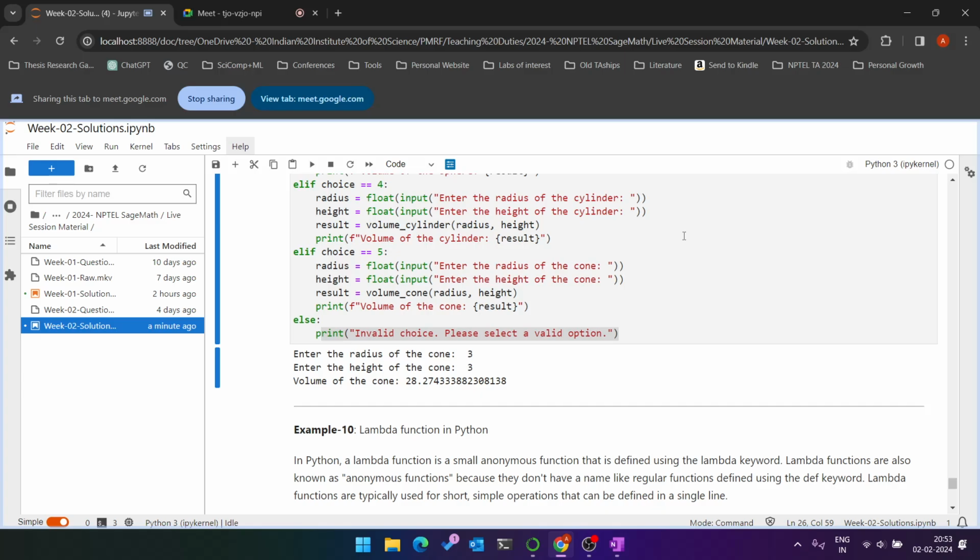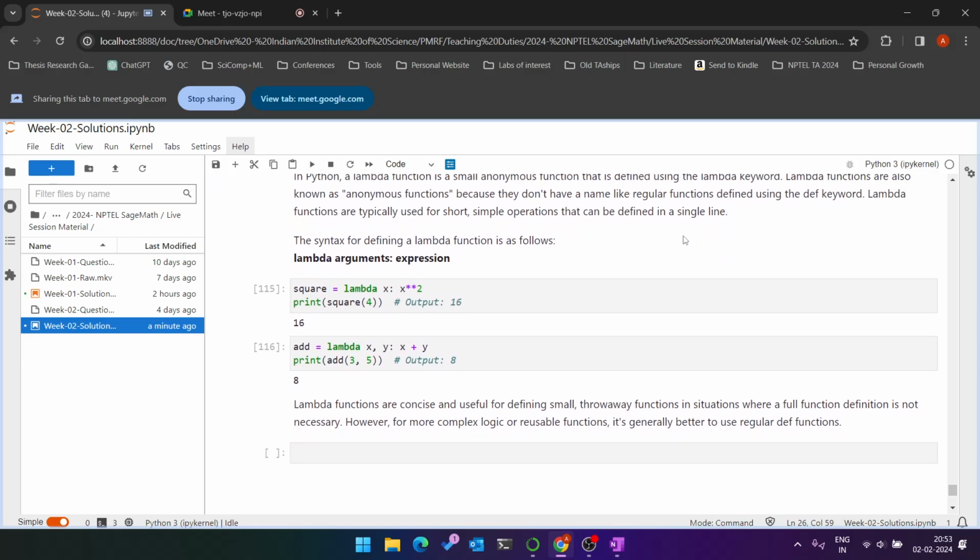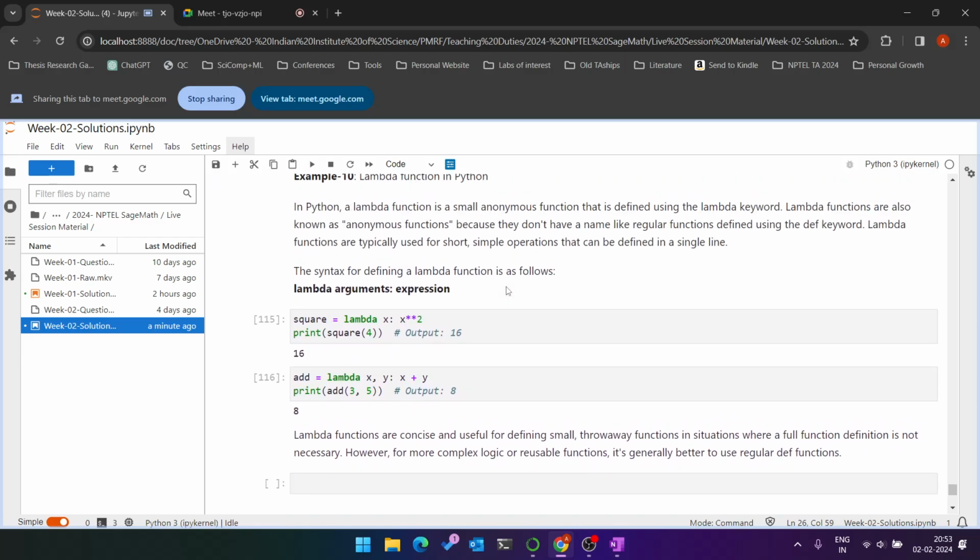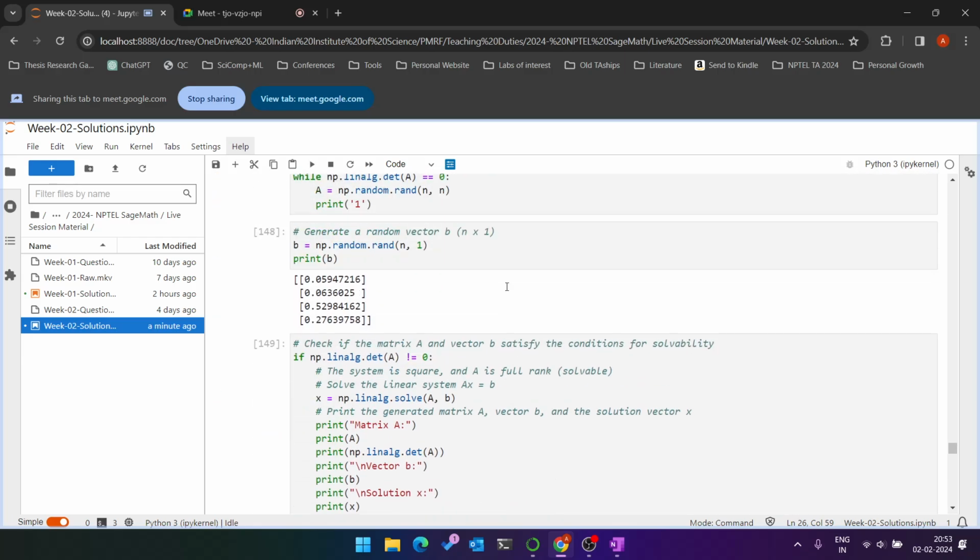Okay, so I think this completes the series of example problems that I had.